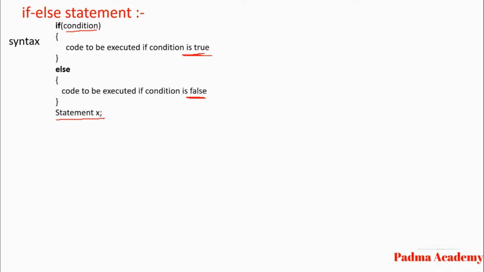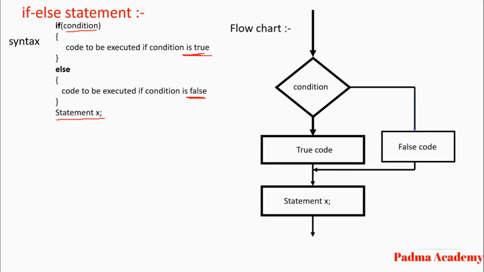The flow chart of it is: the if condition will be checked over here. If the condition is false, then it will execute the false code, that is the else block. If the condition is true, then the if block will be executed.